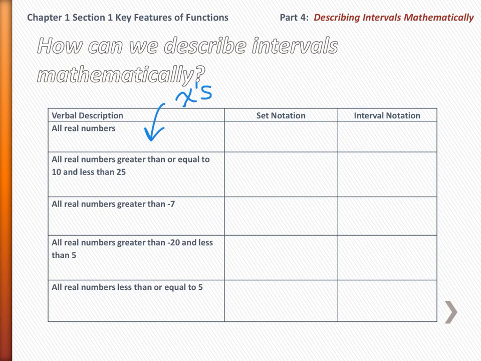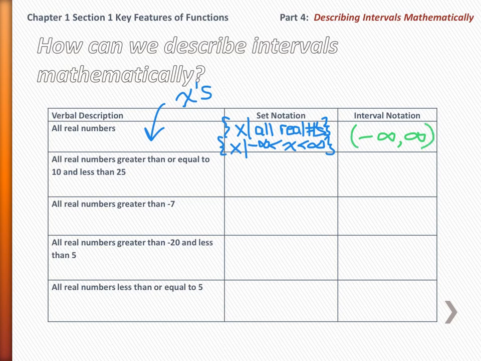So we would say the set of, with our braces, x such that, and we can write in English all real numbers if we wanted to, and you will definitely see that in the textbook. Another way to write that would be x such that x is less than positive infinity and greater than negative infinity. Close your set. If we were to write that in interval notation, our minimum is negative infinity, our max is positive infinity. You cannot touch either, and so we would go open symbols with the parentheses.